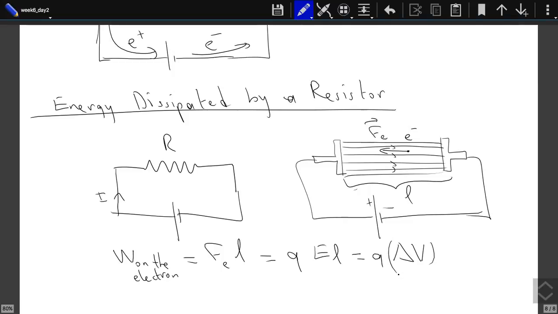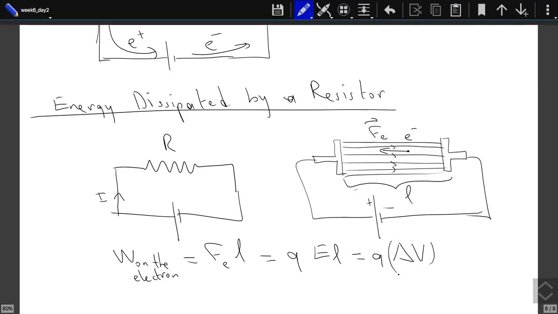And we also said that the electron has a drift velocity that is constant. So what happens to the energy? Well, this work done on the electron, and we have seen in mechanics courses that the total work done on an object should change its kinetic energy.